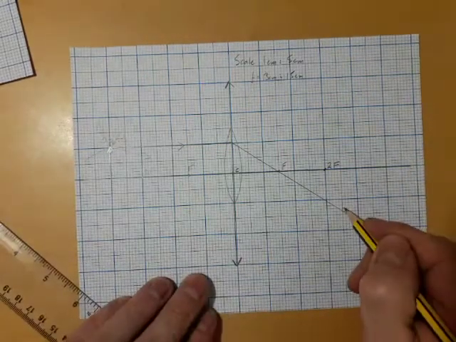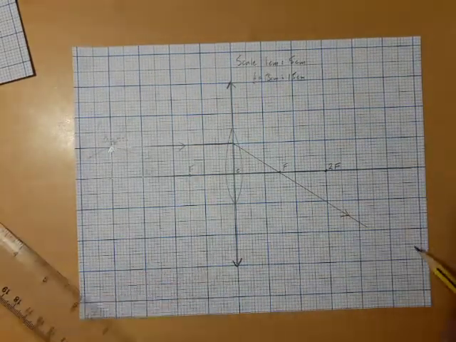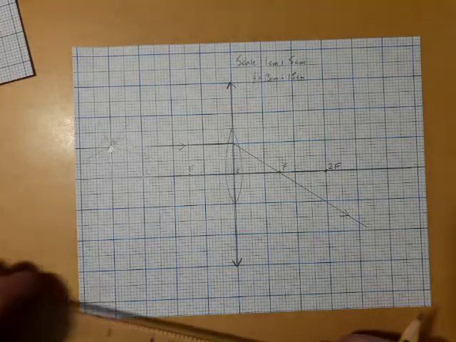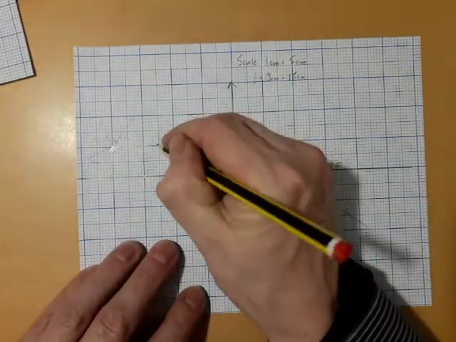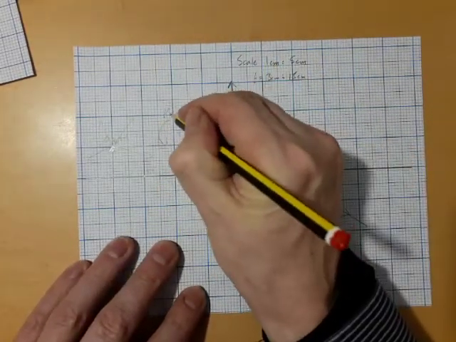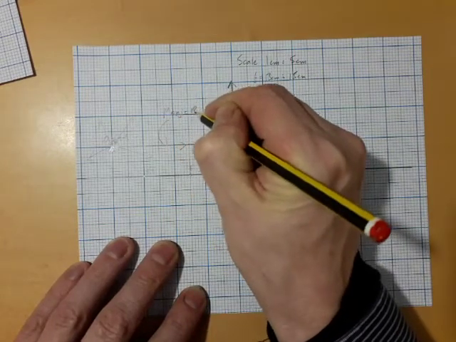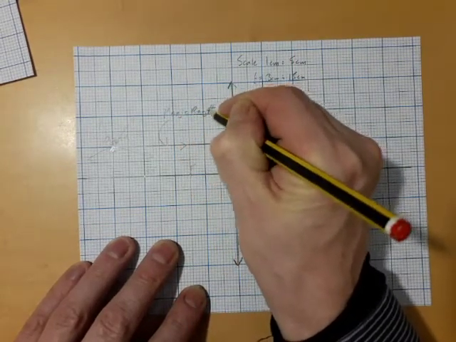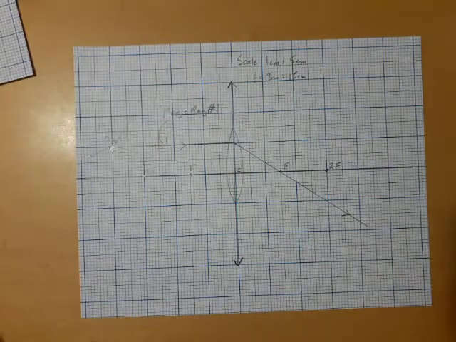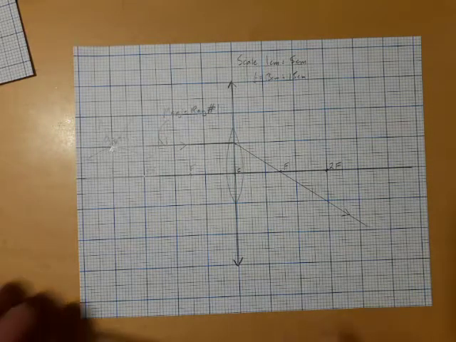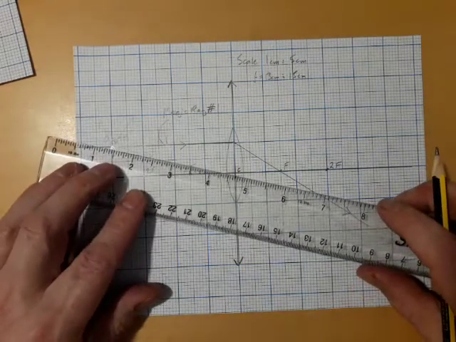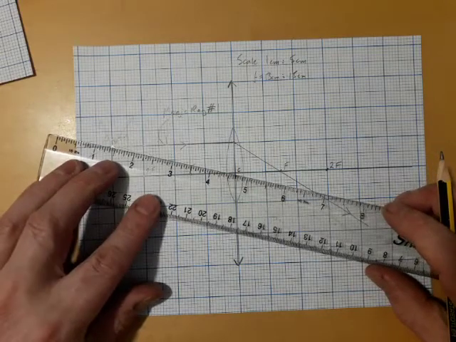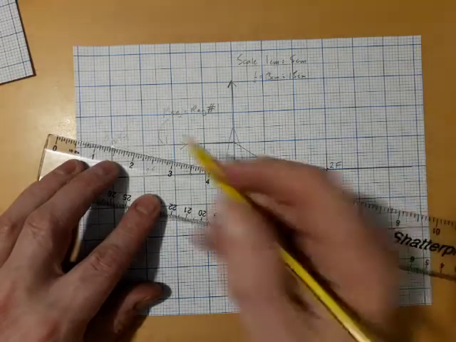Okay, don't forget to put arrows on the rays. Now, that's magic ray number 1, which I'm going to label as such, like that.